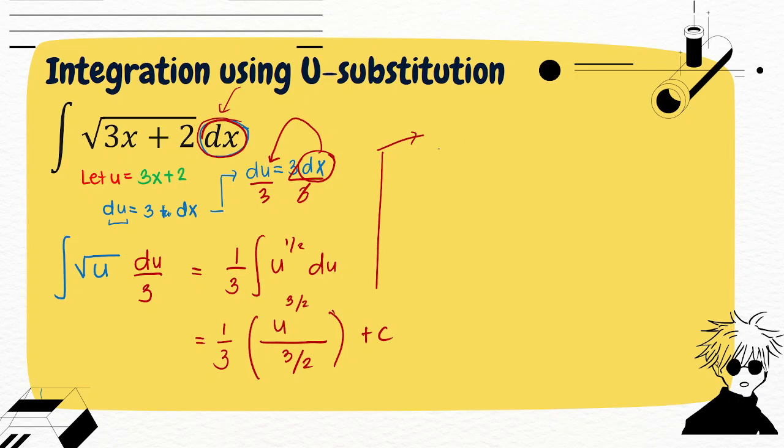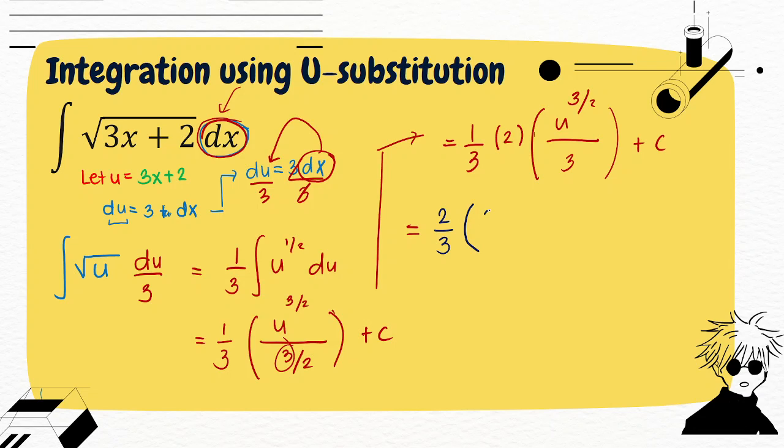Then, we are going to get 1/3 times ko si 2 times u raised to 3 over 2 over, ano na lang matitira dito? This denominator, 3, plus c. Basically, if I'm going back to u, kakaroon tayo ng sagot natin. 2/3, tama?